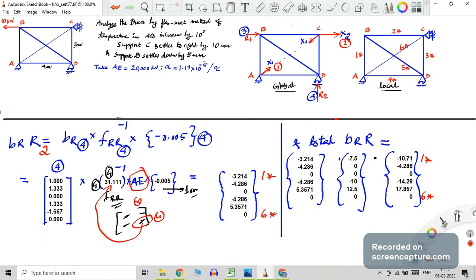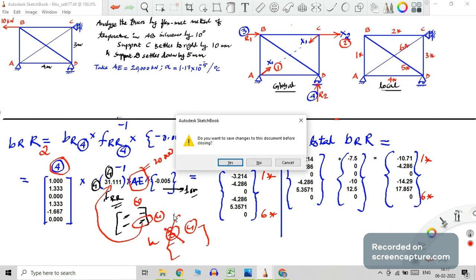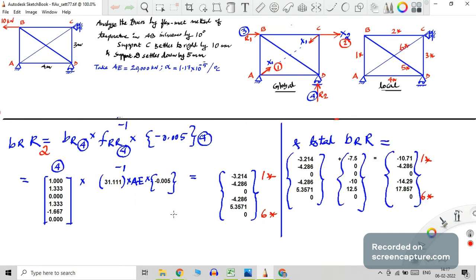Naturally, AE will come up. That is, AE is 20,000. Apply that 20,000. Then BR also only that 4 column. Even though BR is 3 and 4, don't use that 3.